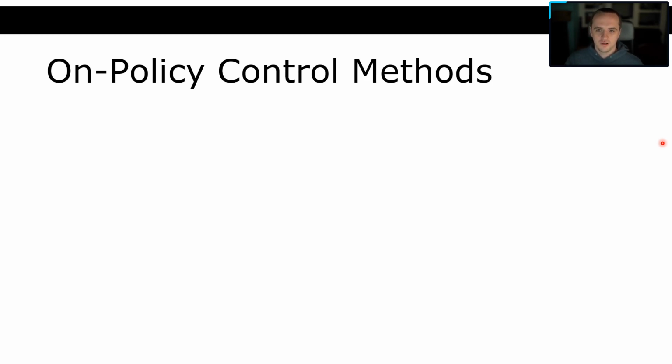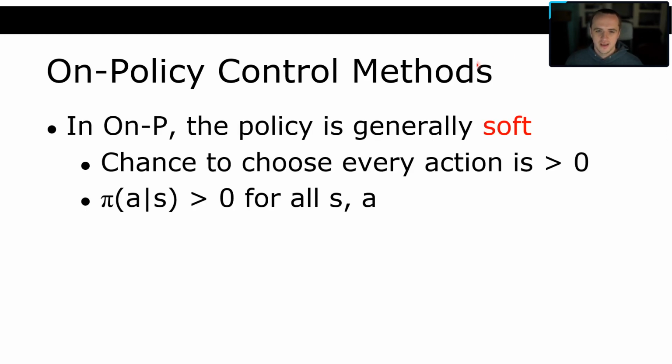So, on policy control methods. In on policy, the policy is generally something that we call soft. In a soft policy, the chance to choose every action is greater than 0. Mathematically, we represent that by saying for the policy pi, the probability of an action A given a state S is greater than 0 for all states and all actions.